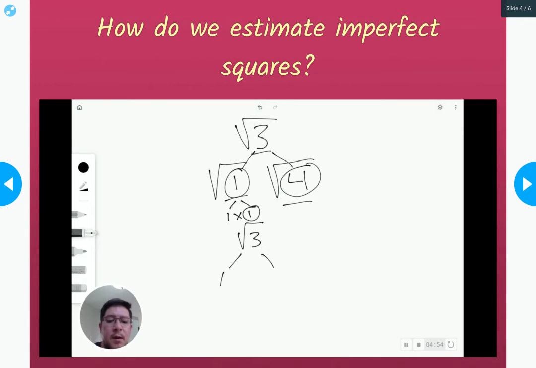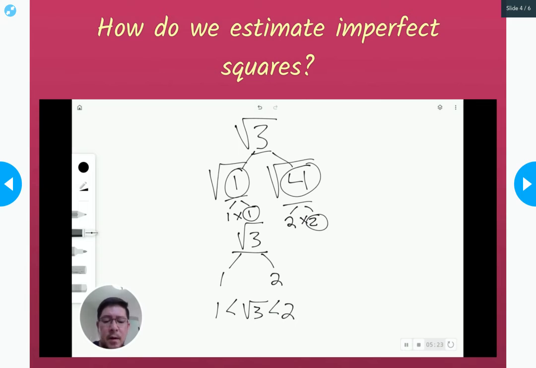So that means the square root of 3 is bigger than 1. And it has to be smaller than the square root of 4. What is the square root of 4? Well, I know that the square root of 4 is 2. So what that means is the square root of 3 has to be bigger than 1, and it has to be smaller than 2.